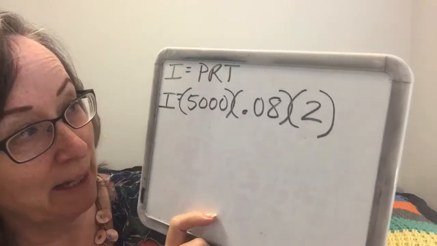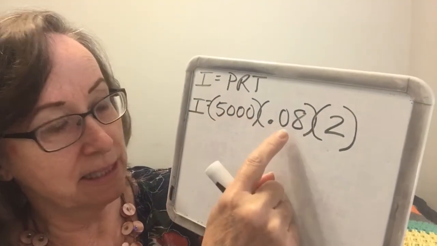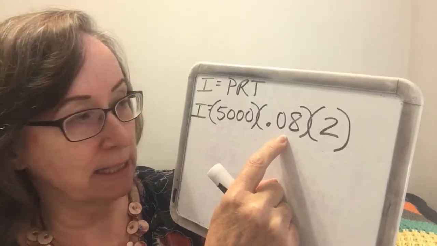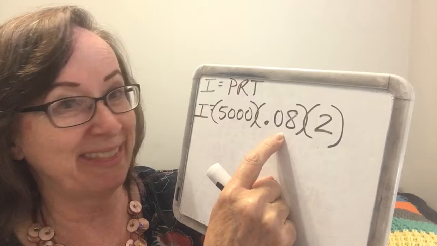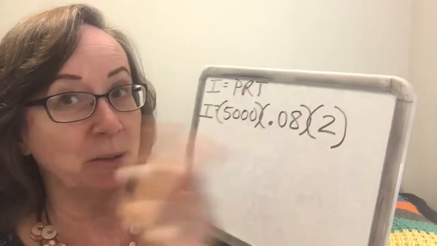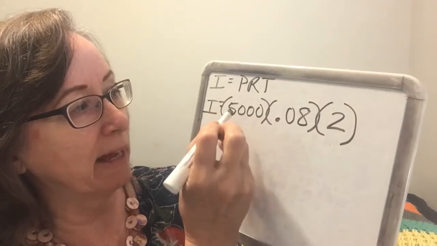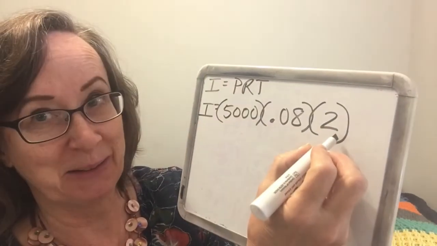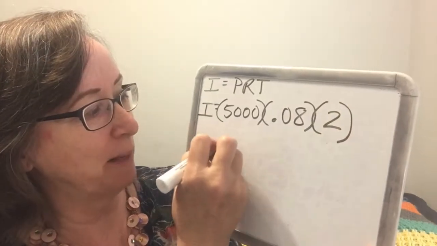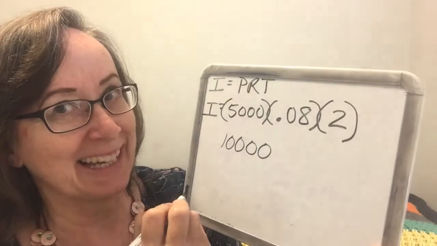Okay, so here we have our formula. 5,000 times the 0.08, that is what is earned every year. But then we multiply by 2 because it's 2 years. So we're going to take the 5,000 times the 2, which makes it 10,000, a much easier calculation, right?